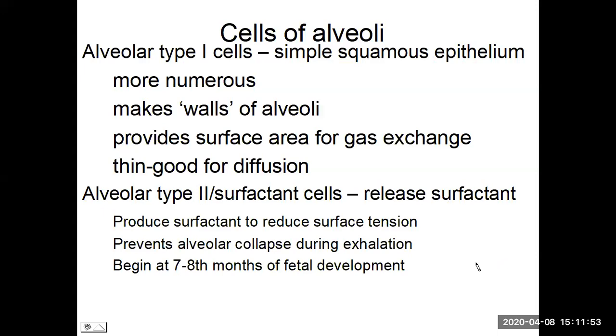So we could now reduce that attraction, and that allows for the ease of breathing and preventing the collapse of the alveoli. And we see that this chemical surfactant is not produced until the latter stages of our development.